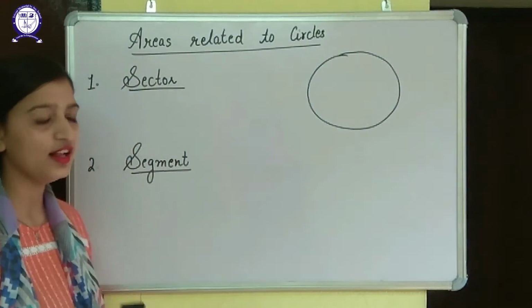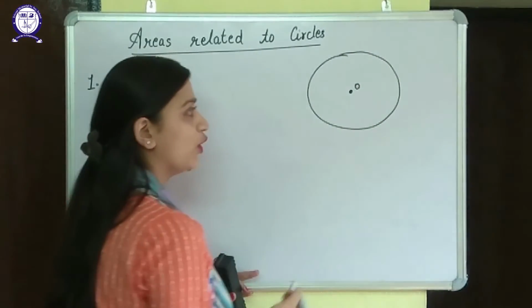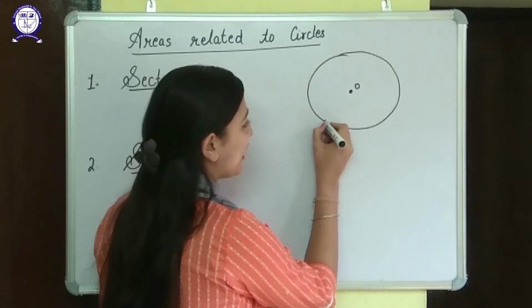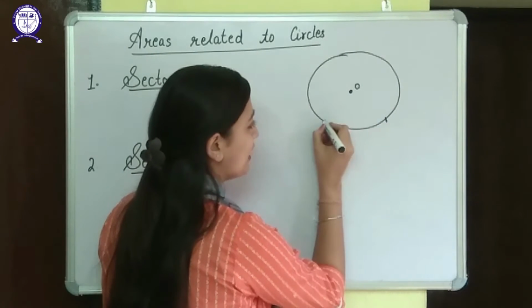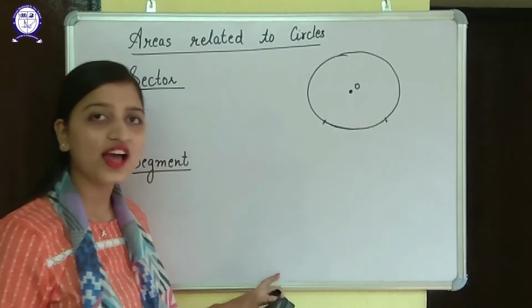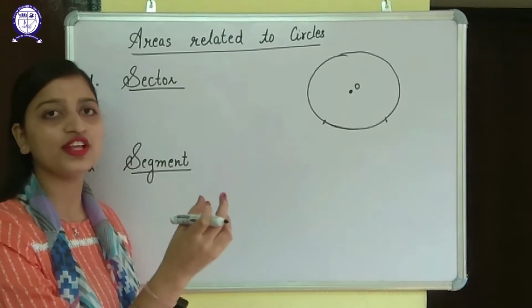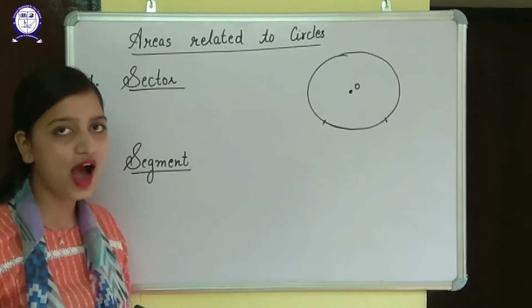Okay, this is a circle. Suppose this is the center of the circle. Okay, now I am taking this length. This is the arc of a circle. Okay, a small portion of the circumference of a circle is called an arc.